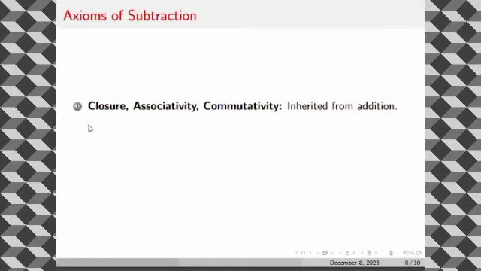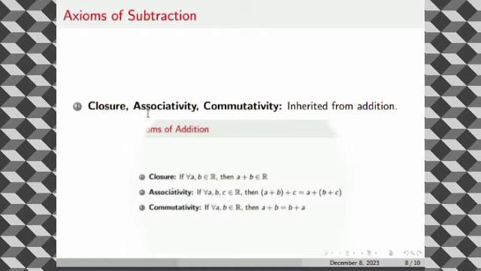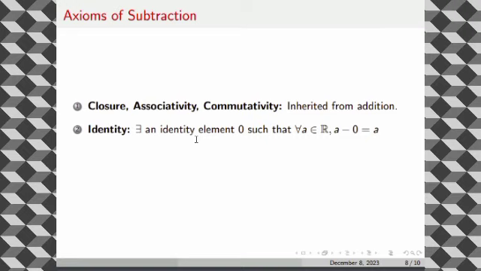Axioms of subtraction. Three axioms can be inherited from the axioms of addition. Identity. There exists an identity element 0 such that for all real numbers a, a minus 0 will always equal a. It will not affect the value of a, any real number.